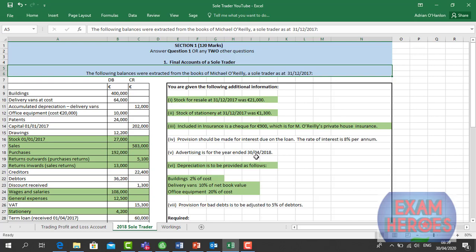These 4 months are a charge for 2018, so I have to take out 4 of the 12 months that I've paid for and not include them in this year's accounts. In other words, I've paid for 12 months of advertising, but 8 of those are in 2017, 4 of these are in 2018, so I need to make that adjustment.